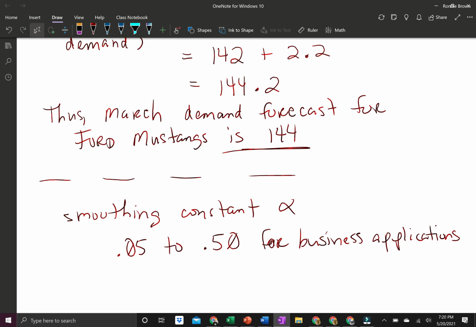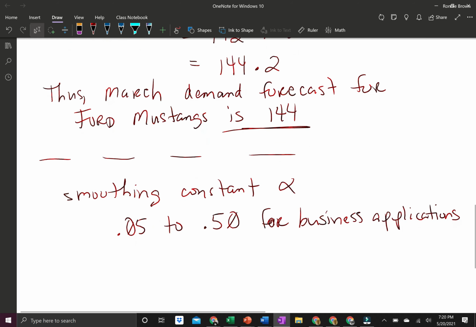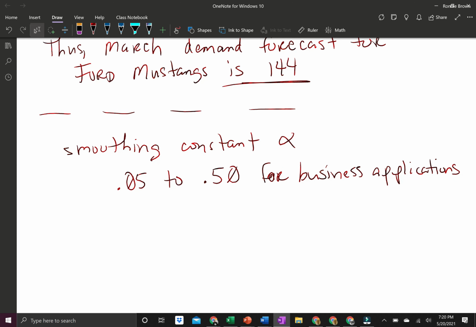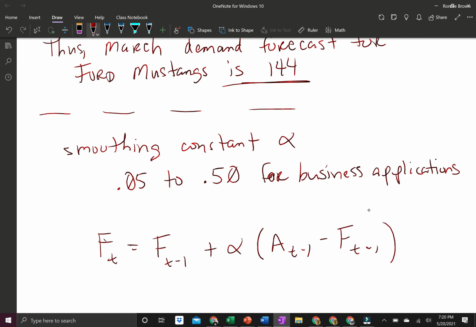When the alpha reaches an extreme value of 1.0, then let's see what happens. So if we were to go back and take the equation f sub t equals f sub t minus 1 plus alpha times the quantity of a sub t minus 1 minus f sub t minus 1, right? This is our initial formula.